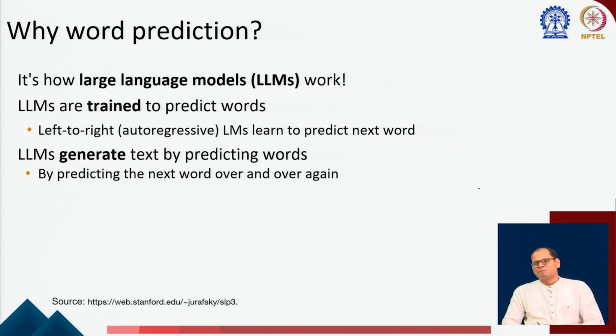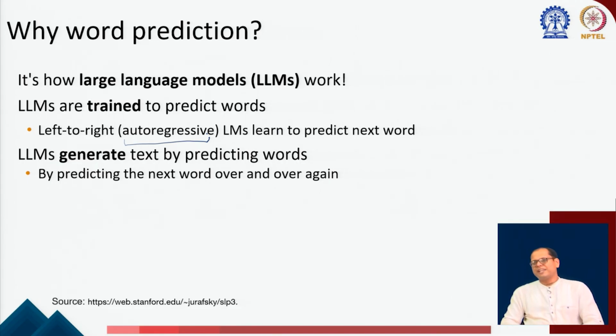And this is how the large language models work. Large language models have this suffix language models, right? Large language models are trained to predict the next word, and that's why we will see they are called autoregressive models. They will predict one word at a time, and that's how their training also happens. They are all pre-trained based on the next word prediction task.